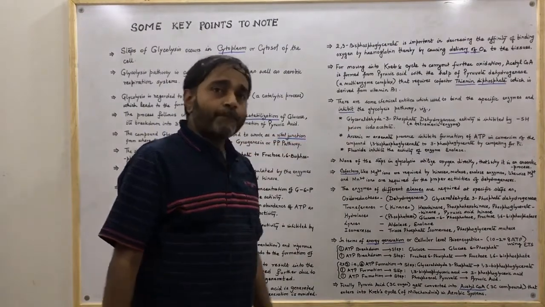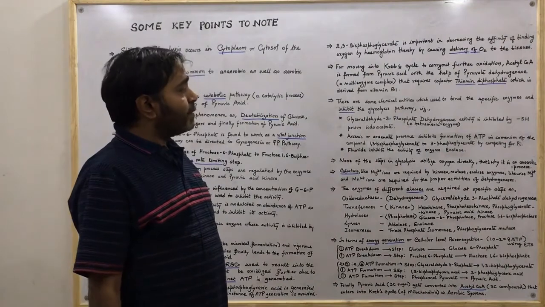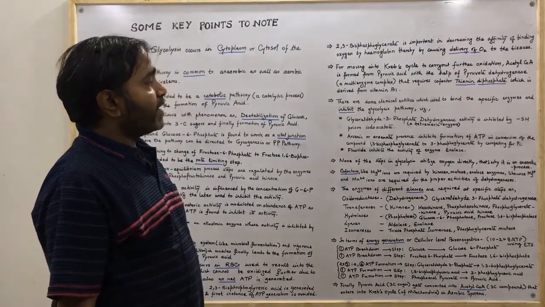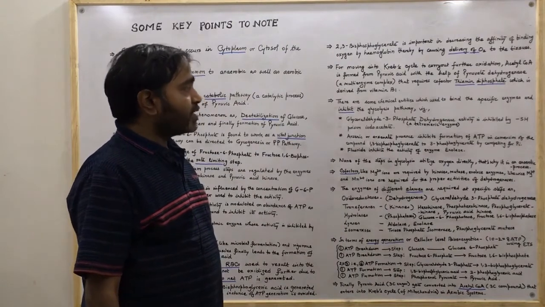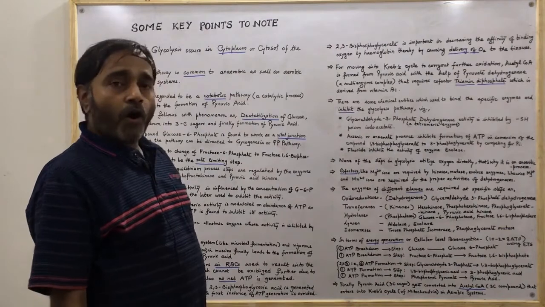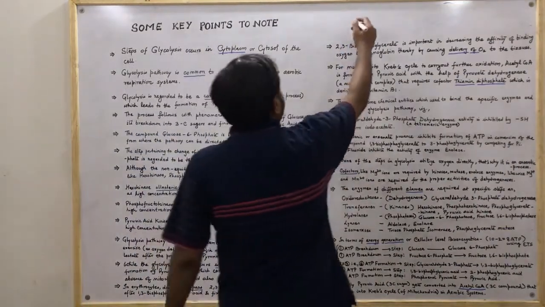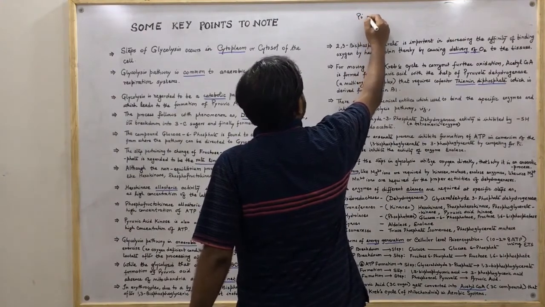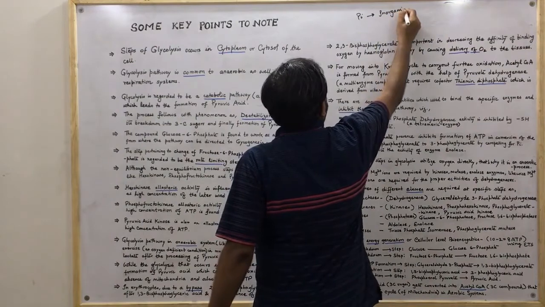Now what is the other compound? That is arsenic or arsenate, whose presence inhibits formation of ATP in conversion of the compound 1,3-bisphosphoglycerate to 3-phosphoglycerate by competing for Pi. Pi is what? Inorganic phosphate. Wherever you find it written like this, it is inorganic phosphate.